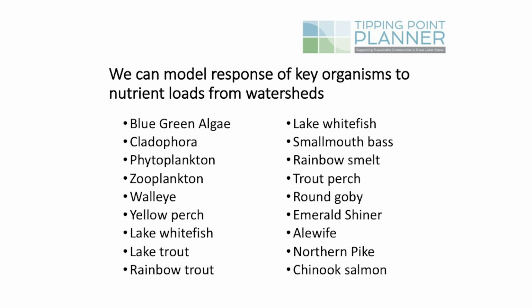To just illustrate some of the predictions that our models can generate, they are listed here. It ranges from predicting biomass of blue-green algae or Cladophora, which causes the muck on the beaches, to various members of the food web, including the fish species that we're showing here.